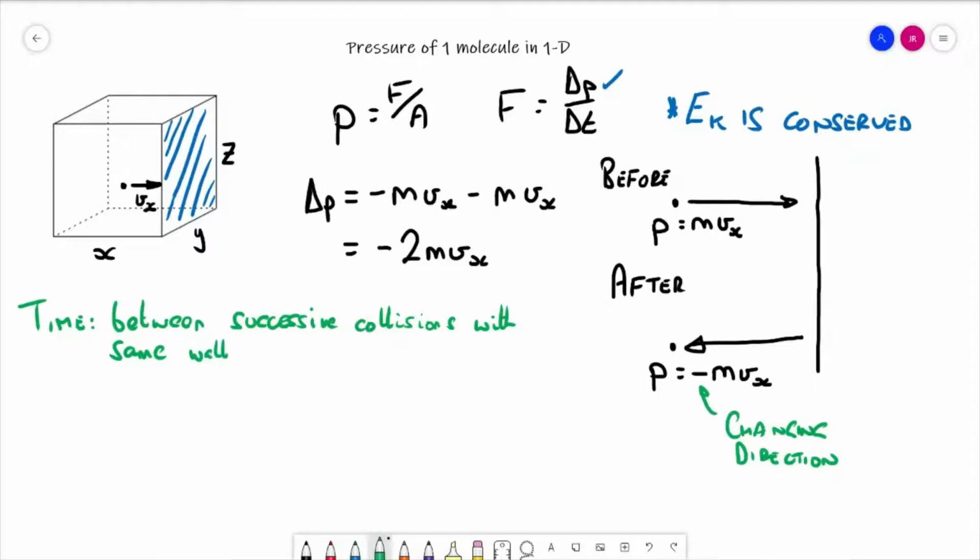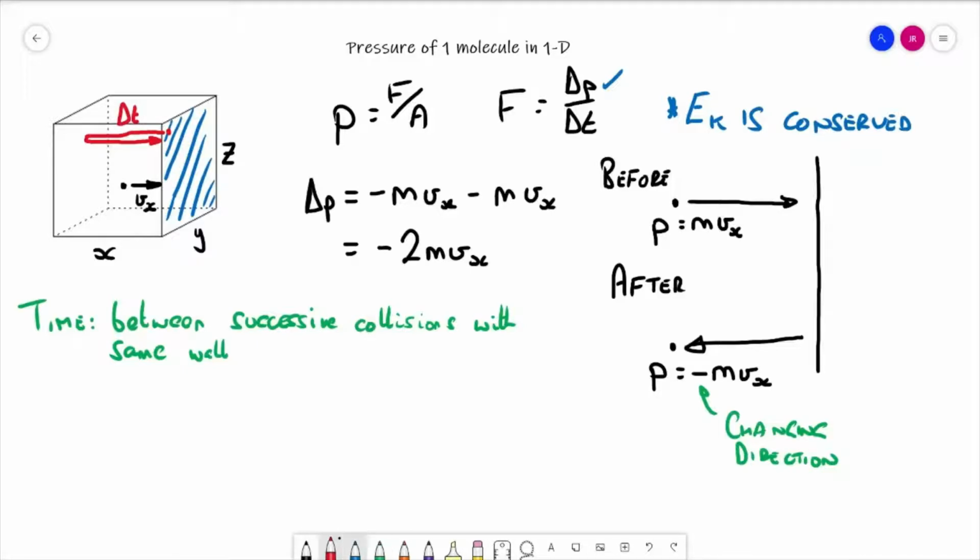Remember that one of our assumptions from the last video, number 5, is that the collisions take negligible time compared to the time between successive collisions. So it's the time between successive collisions that we need for the delta T here. In other words, we need the time that it takes for the molecule to collide with this wall, go all the way over to the other wall, and then come back and collide with the same wall again.